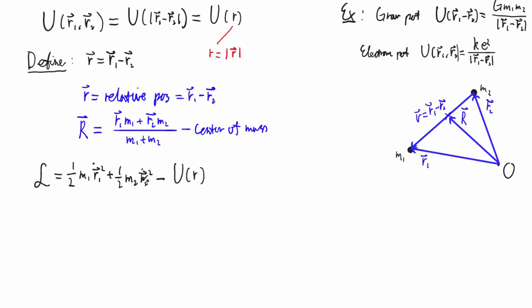The next step is now to change variables. So the Lagrangian depends on little r and big R instead of R1 and R2. We actually already know what the result is going to be for the equation of motion in big R. We have a system here of two particles where there's no external forces acting on them. So we really should have that the total momentum of the system is constant.